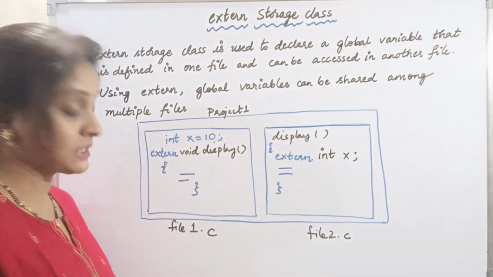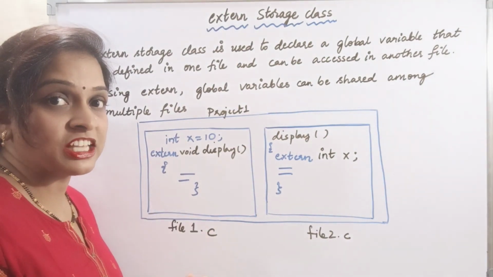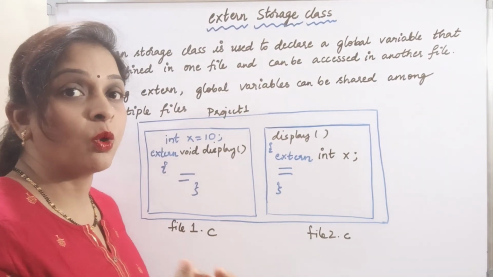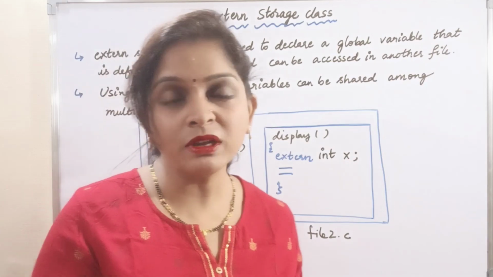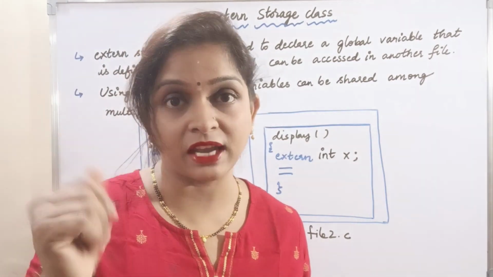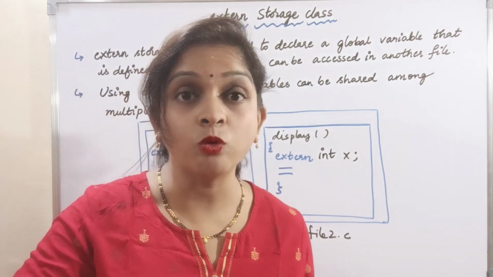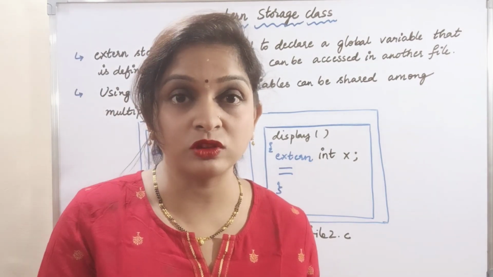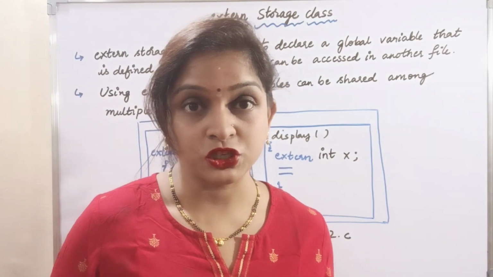Extern storage class, as the name itself tells you, is a storage class which acts like a global variable. So we know how to use a global variable. A global variable will usually be declared outside the main, and it is a variable that is accessible throughout the program. Throughout the program, in the sense, in the main function as well as in the sub functions.